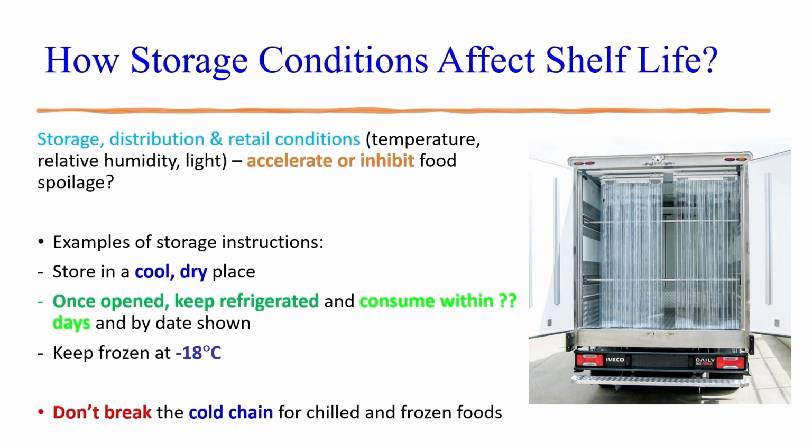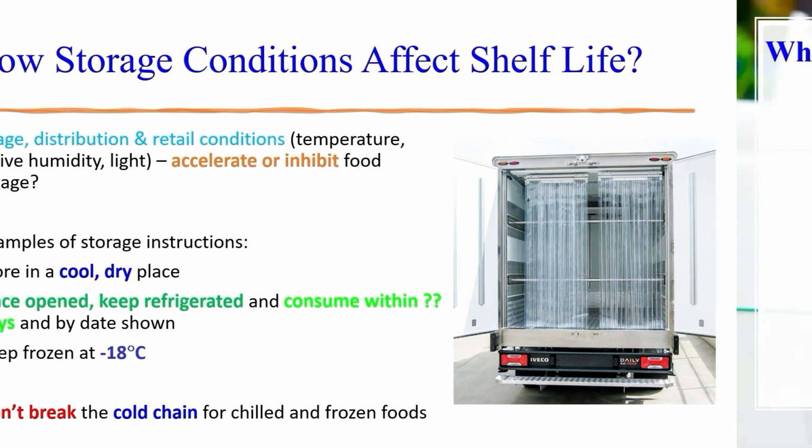So if we don't follow the storage instructions, especially during distribution, we need to remember that we cannot break the cold chain for the chilled and frozen foods. And that is why we use a cold truck, which is shown on the right-hand side of this slide.